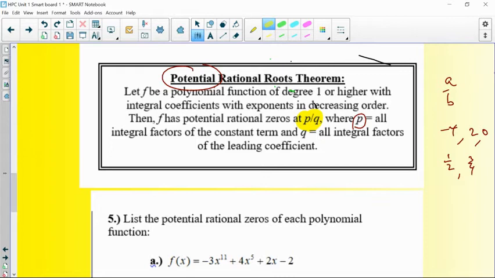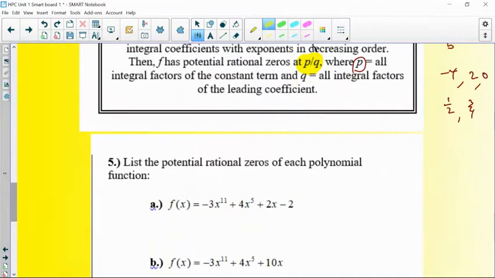So you still have several to check, and that could still be a significantly large number, but at least it's a finite number. It's not an infinite number of values. So if I look here, I see a -2 and I see -3. If I want to know what all my P values are, they're integral factors of -2.